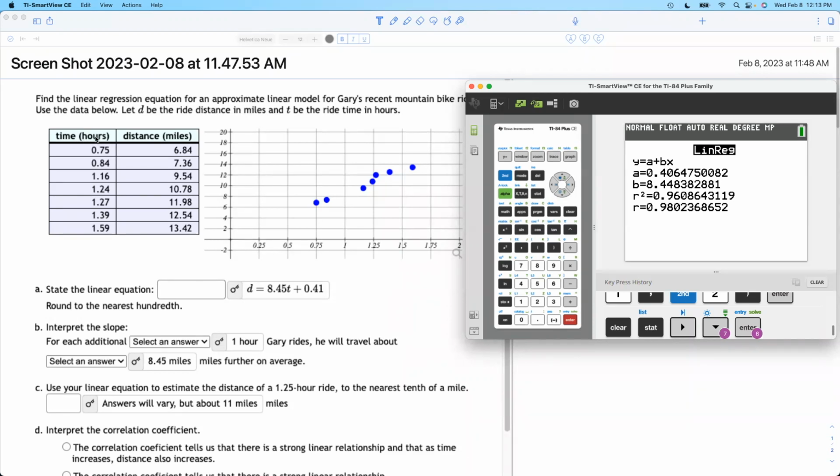Hours. For each additional hour, Gary is going to change his distance by 8 miles. Slope is always a ratio with change in Y for each additional X. So that's how we would interpret that. For every hour, Gary goes about 8.45 miles.